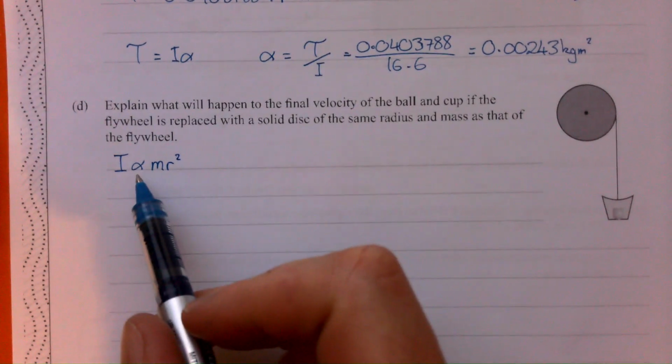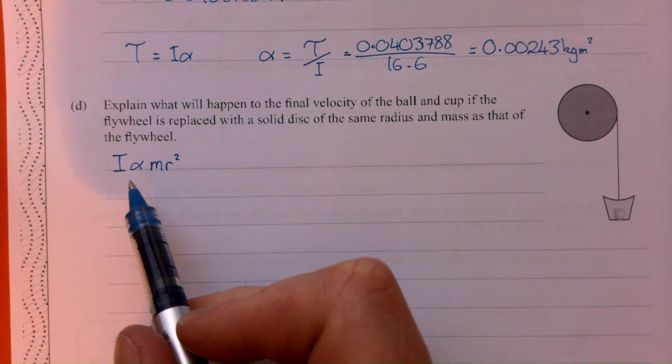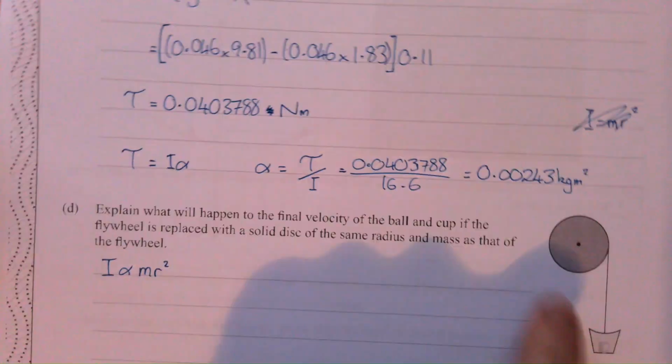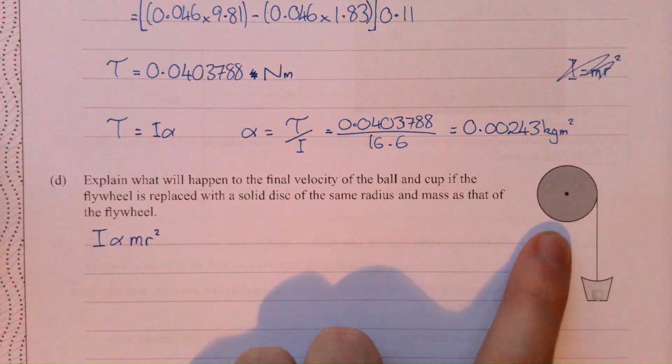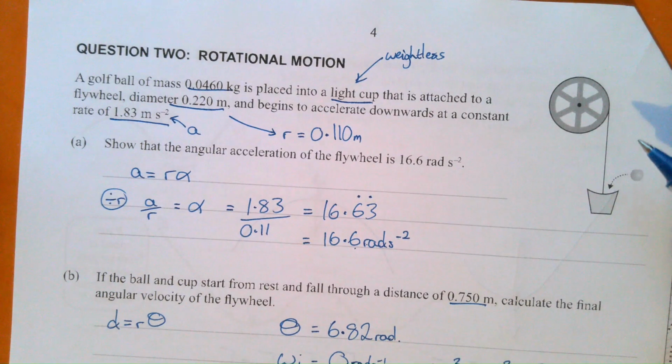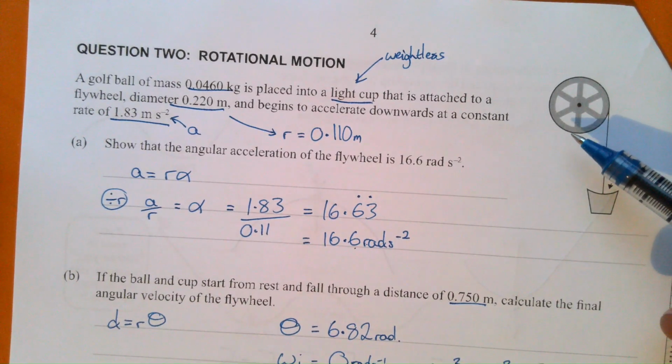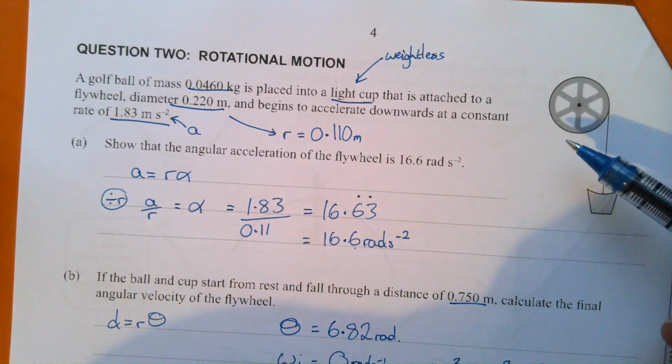This is not an alpha, this is a proportionality symbol, very similar, but they are different. Now, if we look at the diagram here, it's quite obvious what's happened. We've now got a solid metal flywheel, as opposed to here, where the spokes meant there were lots of air gaps in the flywheel.